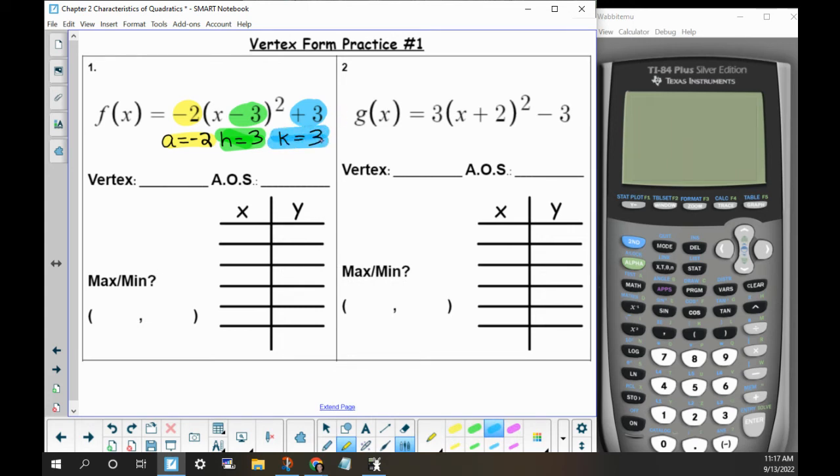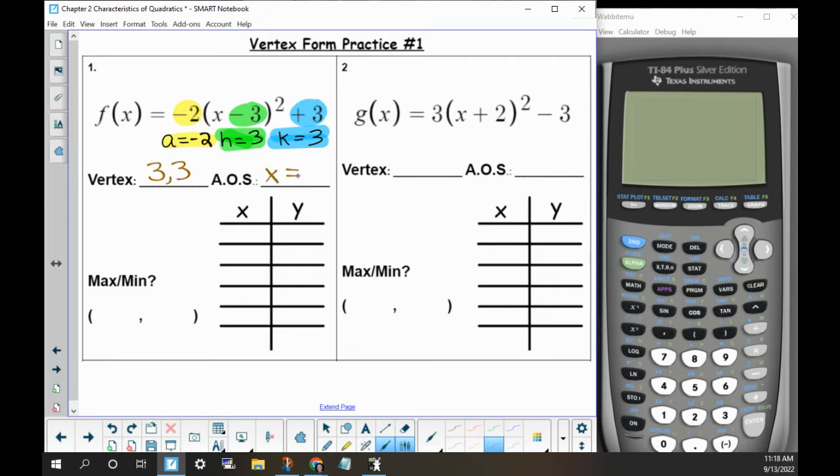All right, so with that being said, what's my vertex going to be? 3, 3. Yep. And what's my axis of symmetry going to be?